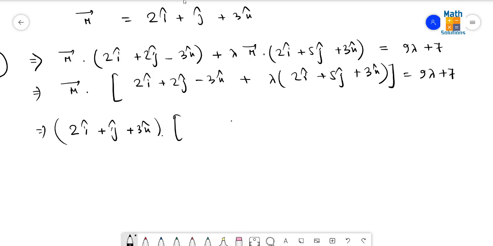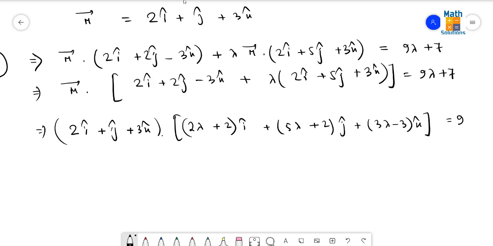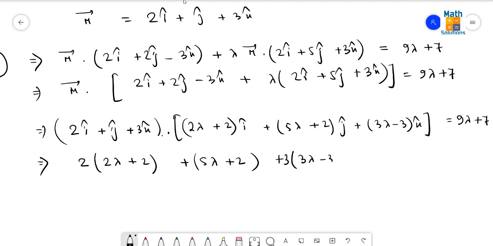The i can be taken together: (2 lambda plus 2) i cap plus (5 lambda plus 2) j cap plus (3 lambda minus 3) k cap, that is equal to 9 lambda plus 7. So after this we can write 2 into (2 lambda plus 2), once again the dot product values we have to write here, plus 1 into (5 lambda plus 2), then plus 3 into (3 lambda minus 3), that is equal to 9 lambda plus 7.